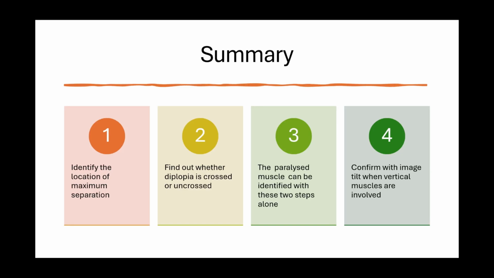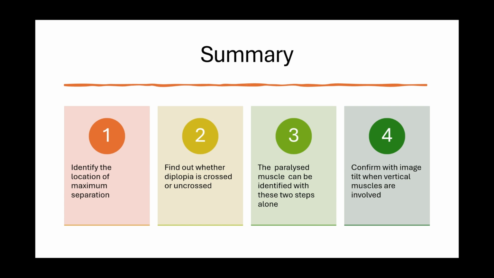The take home point is to always identify the location of maximum separation. You will end up with two muscles. By finding out whether the diplopia is crossed or uncrossed, we can come to a diagnosis of which muscle is paralyzed.